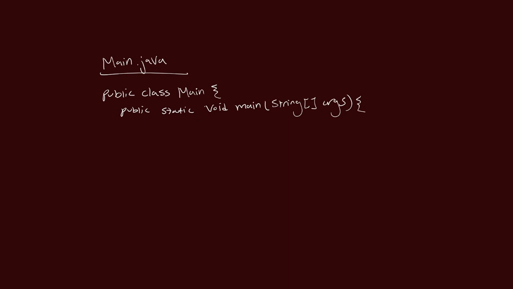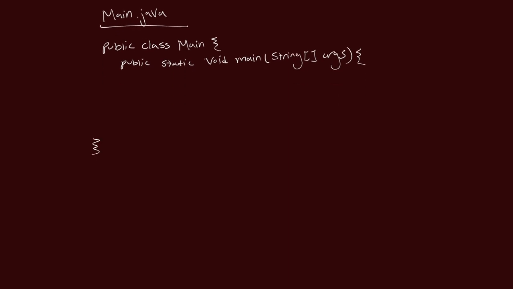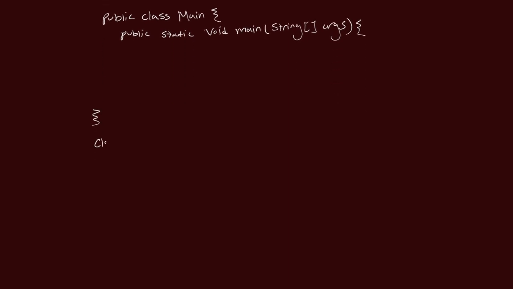Okay, so the first thing we're gonna do is write a class down here, and we're gonna call this class first. Inside this class, we're gonna have a method called times by.